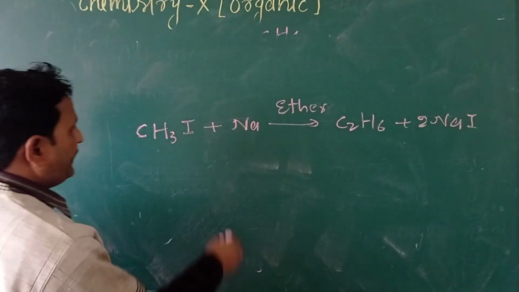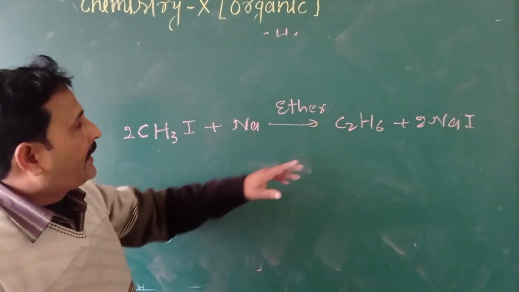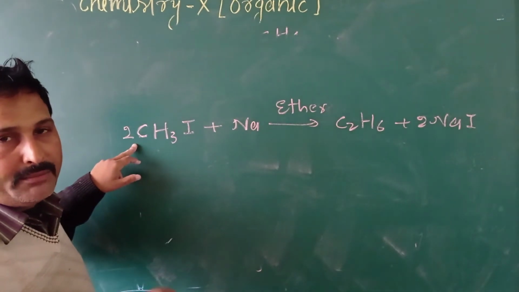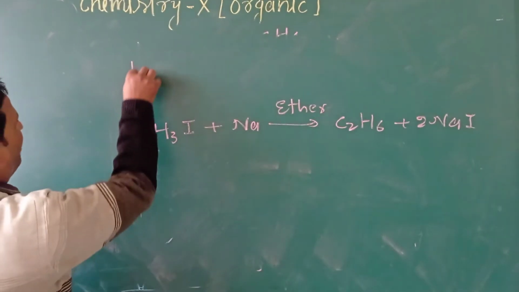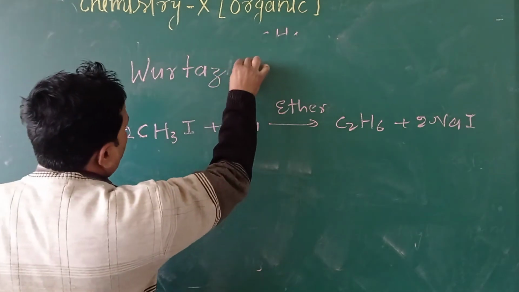This reaction is only used for the preparation of alkanes having an even number of carbon atoms, not an odd number. This reaction is called the Wurtz reaction.